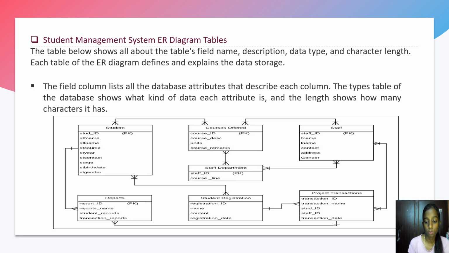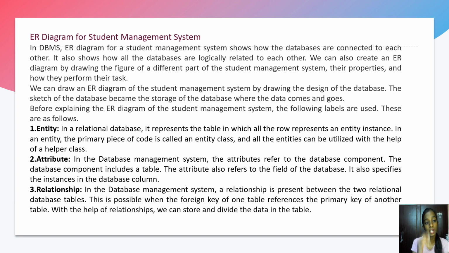So next, let's move on to ER diagrams of the student management system. Let us continue. In a database management system, the ER diagram for the student management system shows how the databases are connected to each other, and how they are logically related to each other.